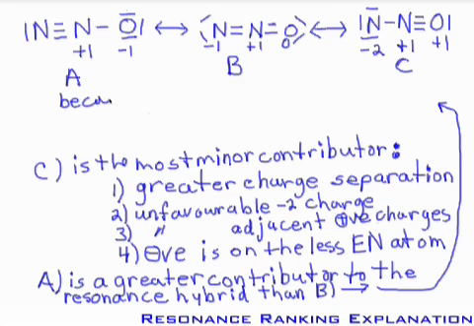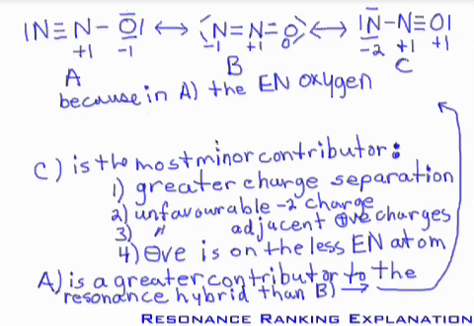Because in A, I'm going to use capital EN for electronegative, the more electronegative oxygen bears a negative charge.